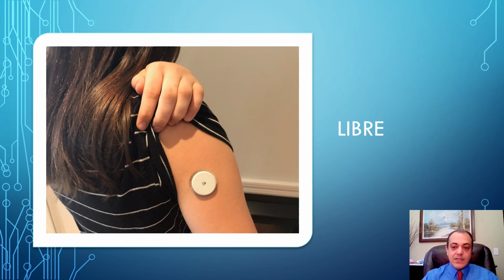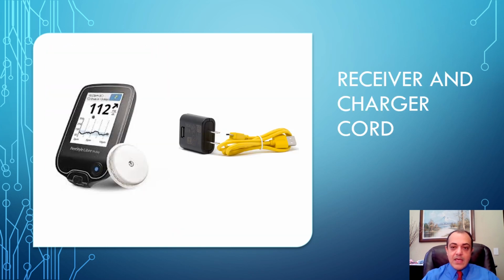Here is the device, here is the sensor that is on their shoulder, and it stays put for 2 weeks, as I said. And here is the receiver, or basically that black box that acts as the piece of equipment that shows you what the number is.